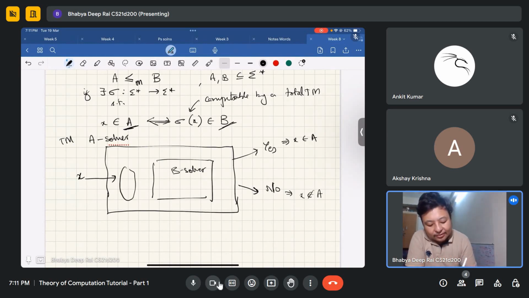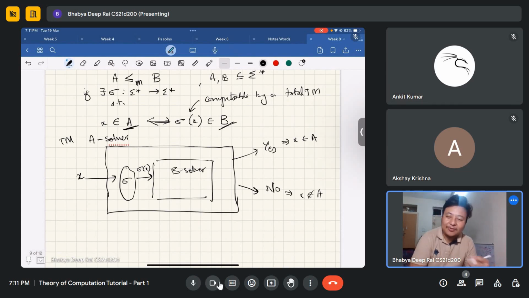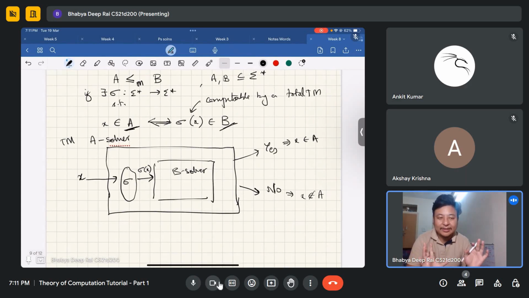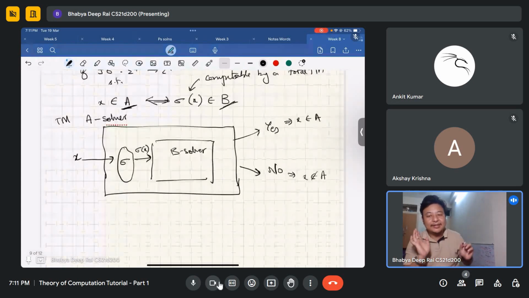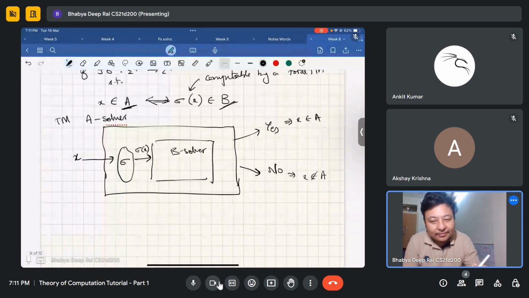What I'll do is some surgery on the input, and cleverly transform it into B's input. Sigma is a function which will transform X into sigma of X and give it to the B solver. Now B solver will be fooled by sigma of X. It will be completely fooled. It will say yes or no on sigma of X: yes if sigma of X belongs to B, and no if sigma of X does not belong to B.